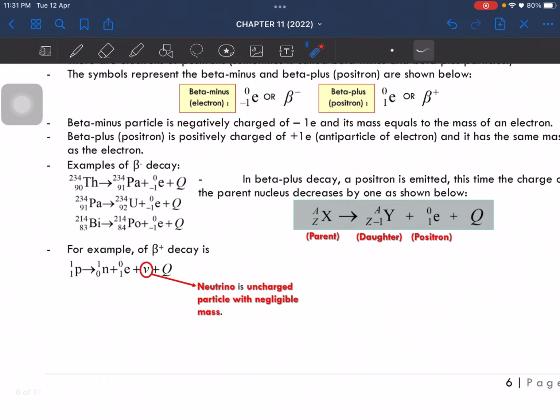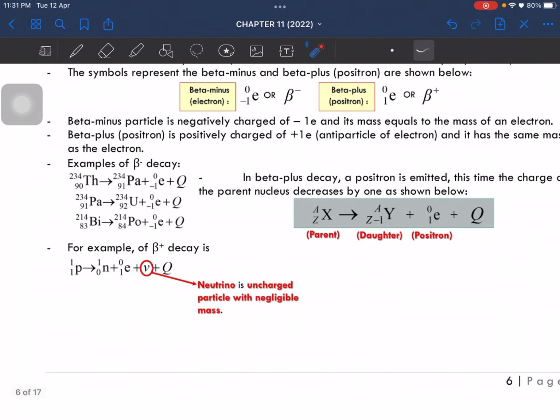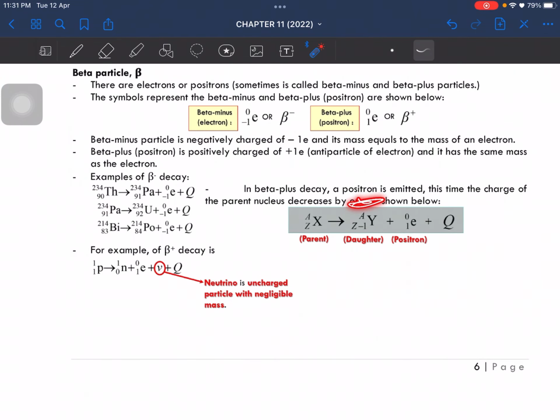If you look at this, for a decay into beta minus, wait. Right, so for beta minus decay, instead of losing a proton, it will gain plus 1 here. This is for beta minus. For beta plus decay, a positron is emitted.